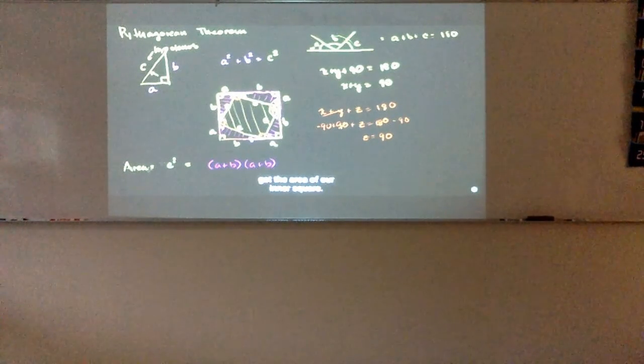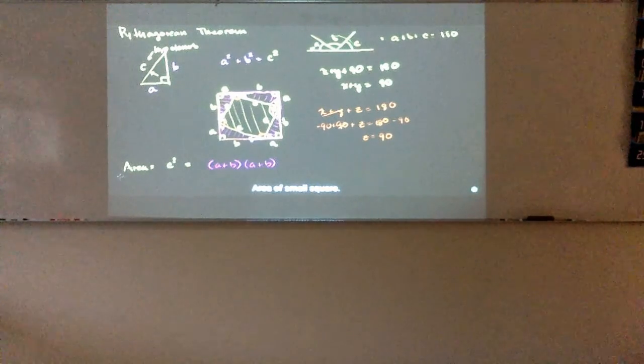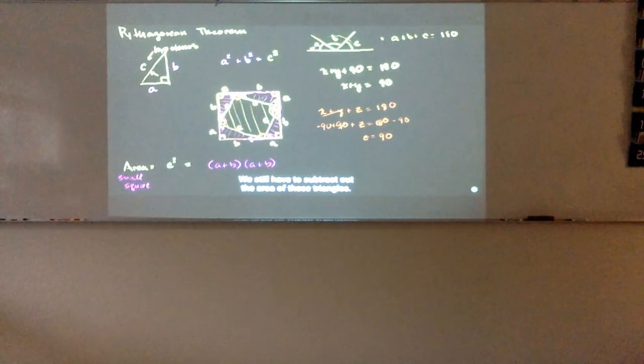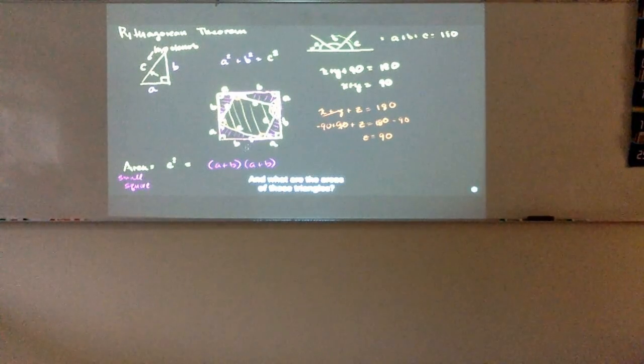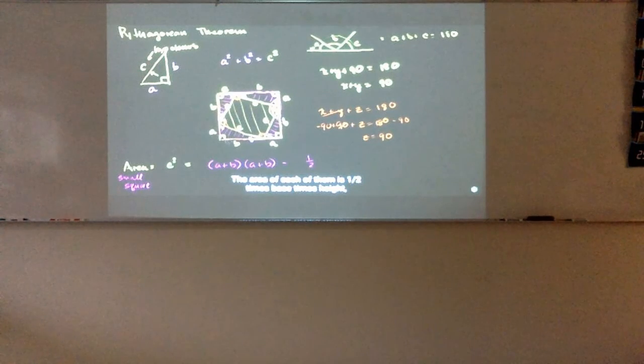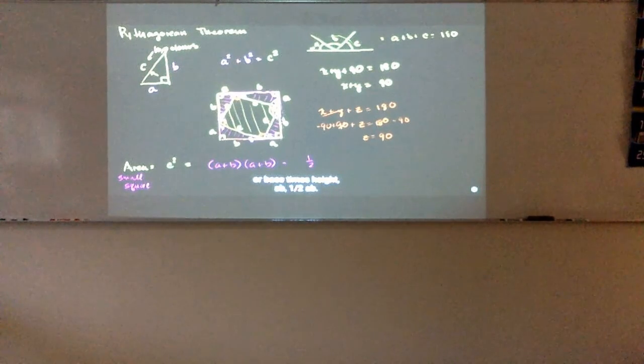But we still have to get the area of our inner square, so we still have to subtract out the area of these triangles. What are the areas of these triangles? The area of each of them is 1/2 times base times height, or 1/2 ab.